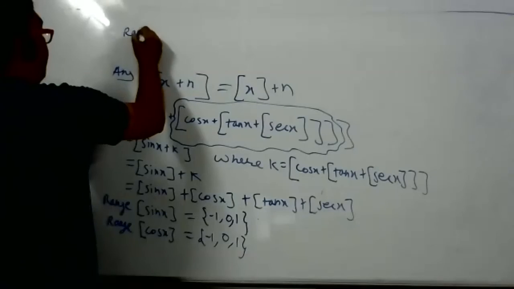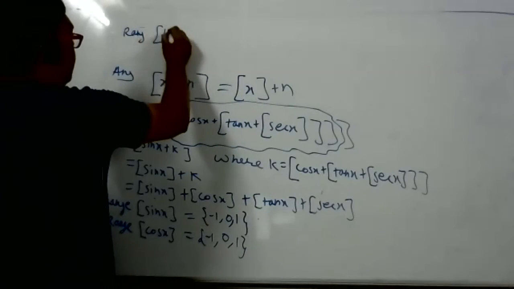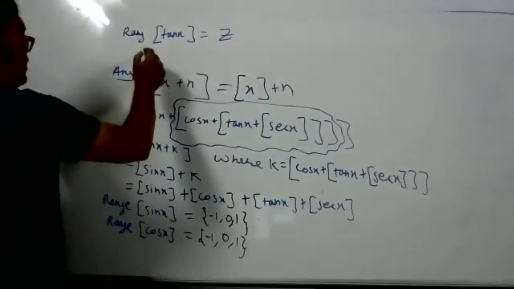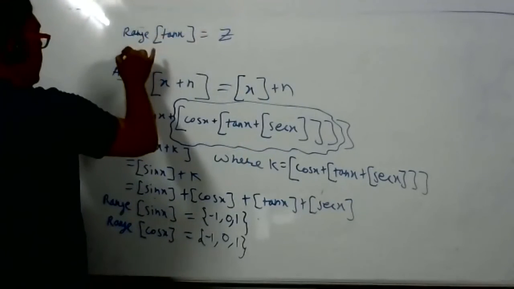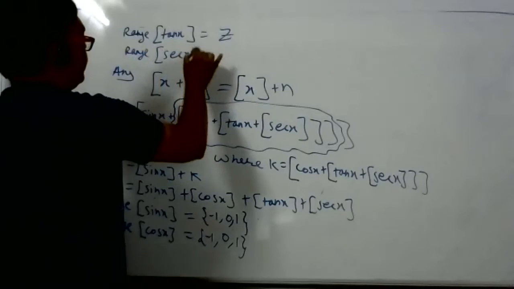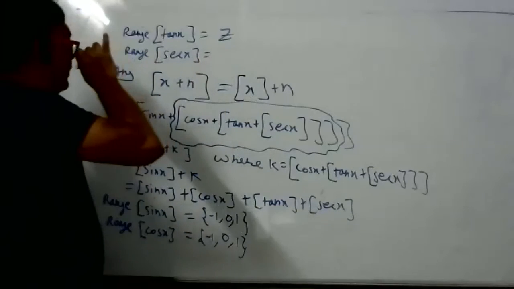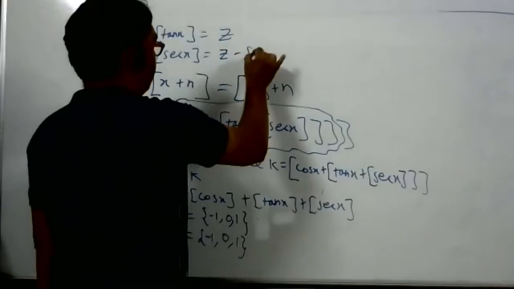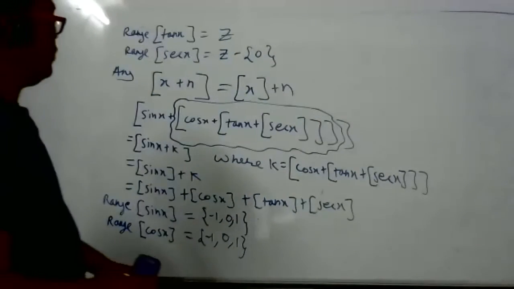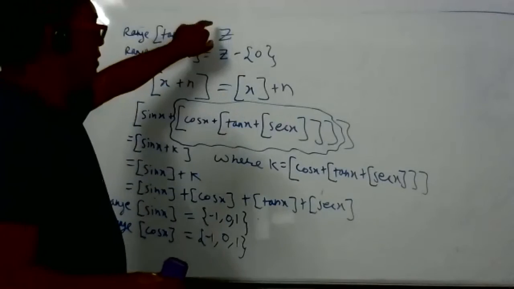And the range of secant x is also how much? Tell me. Sir, Z minus 0. 0 will not come. We can get 1, minus 1. So range means we have to take the union. So union means I think the answer is Z only.